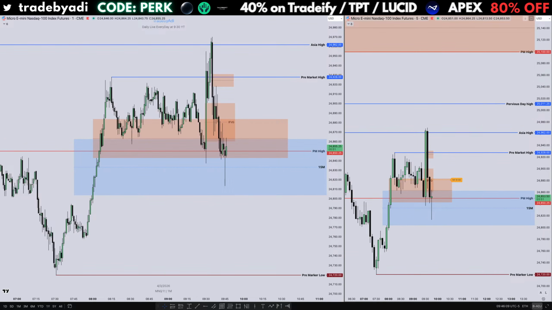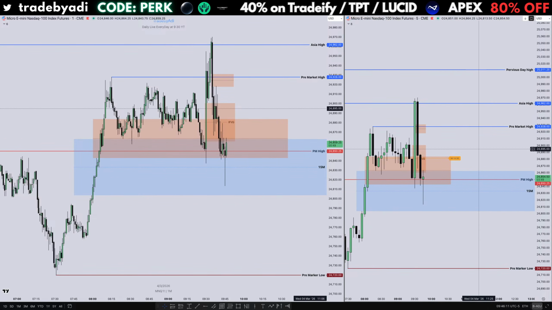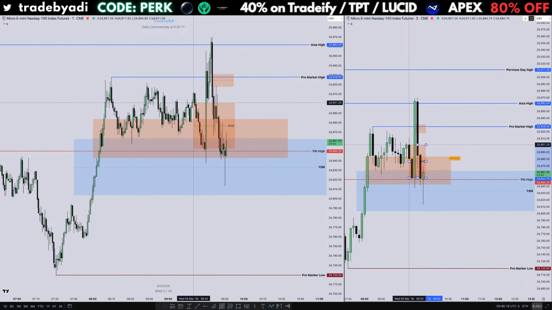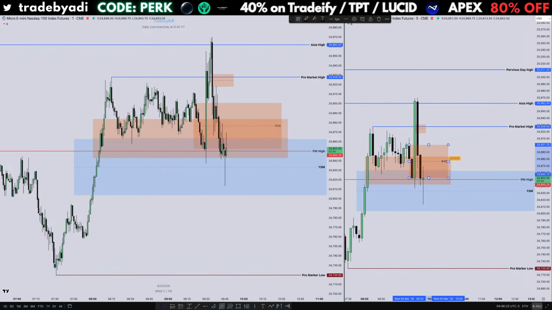We should get a reaction from this breaker at least on a 5 minute. I will mark this breaker, this bearish breaker.